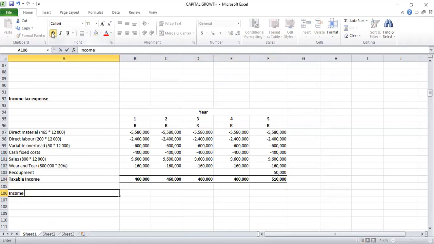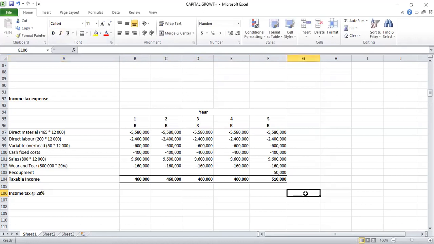Then we get our income tax at 20%. Right. Now to get the income tax expense, we simply multiply the taxable income times the tax rate.